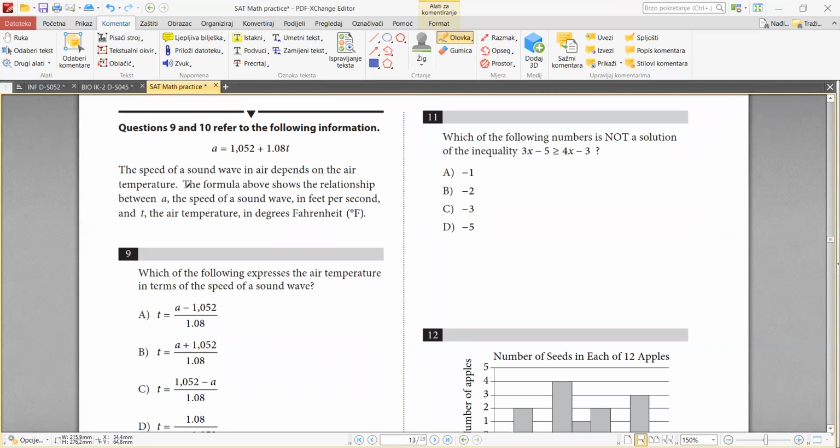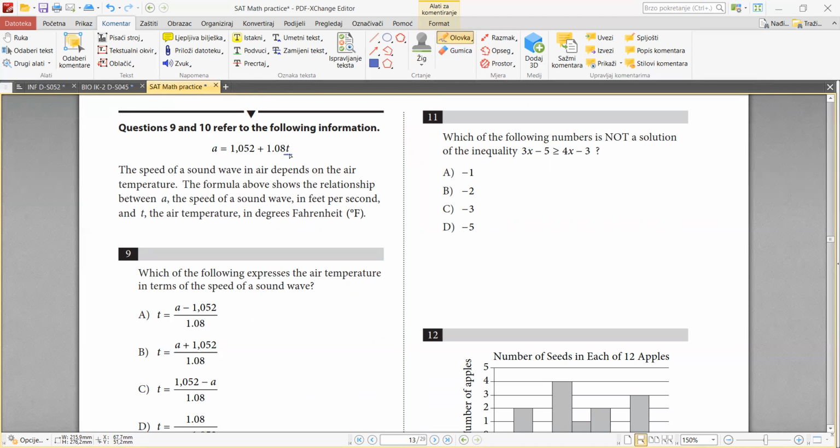The formula above shows the relationship between A, the speed of a sound wave, in feet per second, and T, the air temperature, in degrees Fahrenheit. Which of the following expresses the air temperature in terms of the speed of a sound wave?